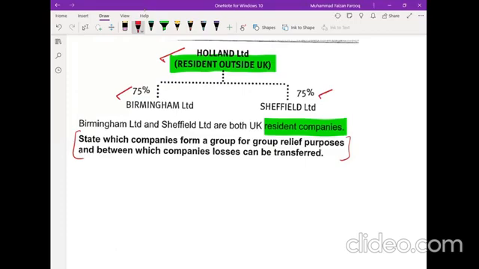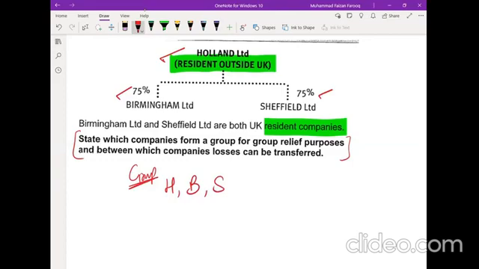Then we write that residency doesn't matter; Holland is not UK resident, but this doesn't matter. A 75% group can be created amongst companies in the UK or outside the UK. So the group is created, and the group members are Holland, Birmingham, and Sheffield.